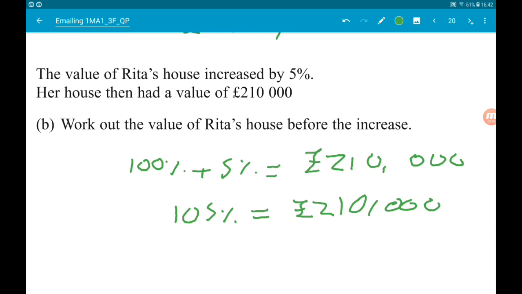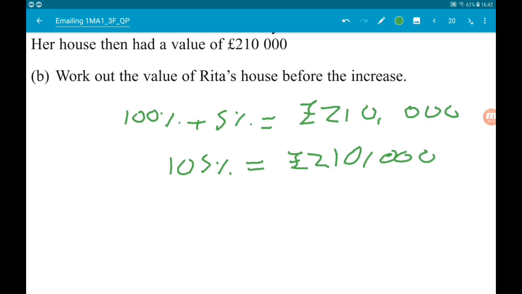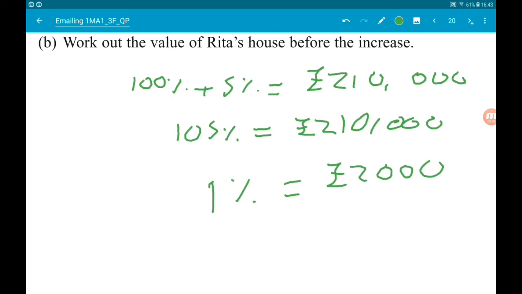If we divide both sides by 105, on the left we will have 1%, and that is going to give us £2,000. We can then get to 100% by multiplying by 100. So 100% is 200,000 pounds.